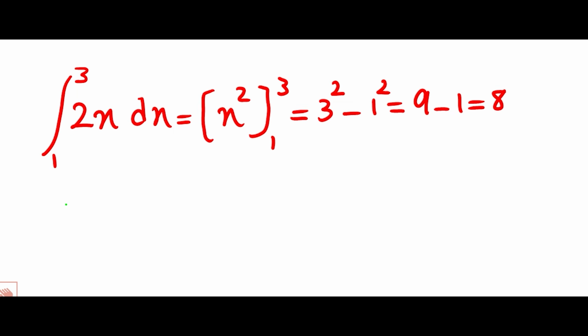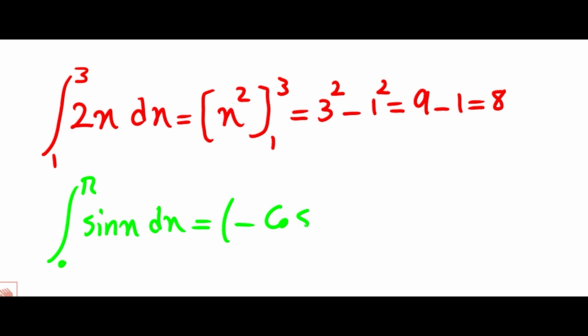Now let's try another one. The integral of sine of x dx from 0 to pi equals... an antiderivative of sine of x is negative cosine of x from 0 to pi.